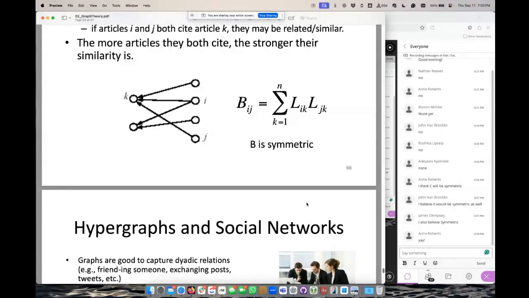Higher citations mean more popular. So you can just count the degree, or you can do a more advanced analysis using eigenvector centrality, meaning a paper is that much more popular or that much more prestigious if more prestigious papers cite it, right?